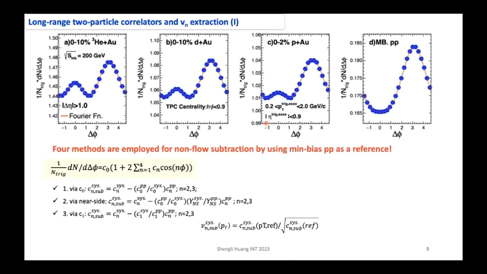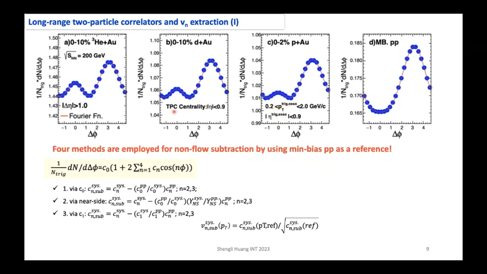Now I will show you the STAR measurement of the two-particle correlation at mid-rapidity. First, I show you the two-particle correlation measured in central He3-Au, d-Au, and ultra-central p-Au collisions, and compare with pp. You can see in pp we do not see any near-side peak, but we do see a clear near-side peak from p-Au to He3-Au collisions.